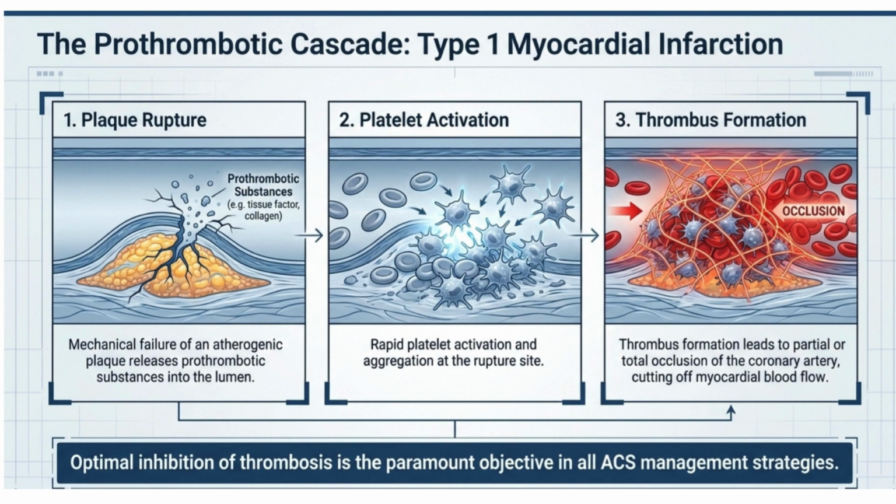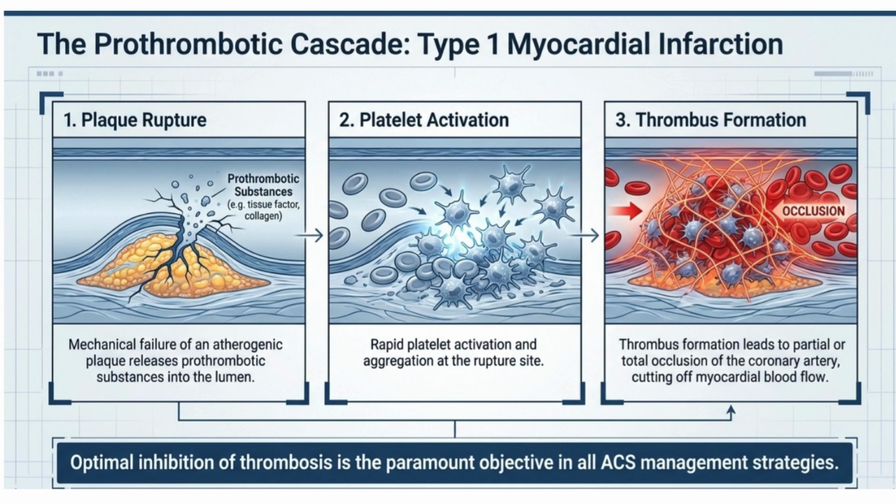Depending on the severity, this thrombus leads to either a partial occlusion, which we see clinically as unstable angina or non-STEMI, or a total occlusion, which presents as a catastrophic STEMI. By blocking the lumen, myocardial blood flow is cut off entirely, and the downstream heart muscle begins to die.